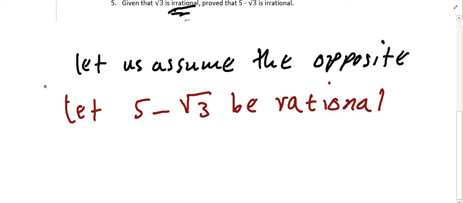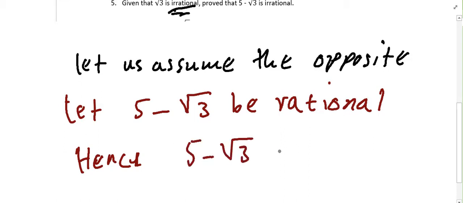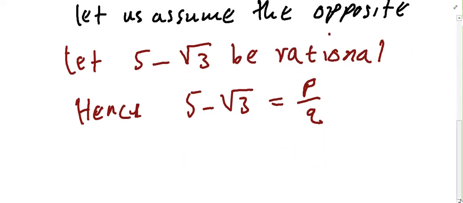Hence, since it's rational, we can say that 5 minus square root 3 is equal to p over q.